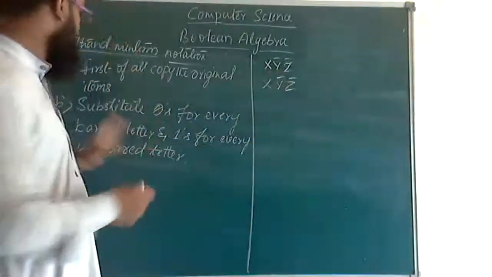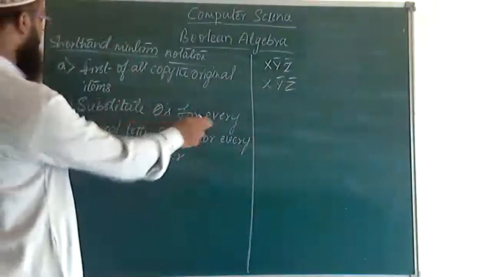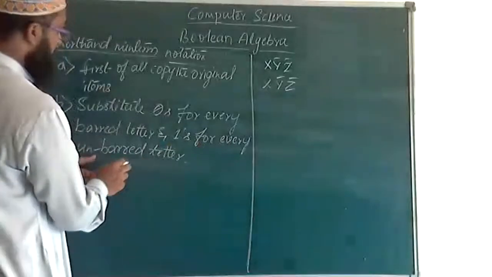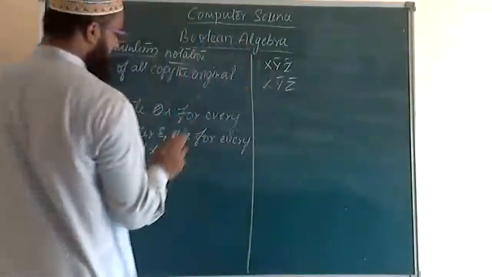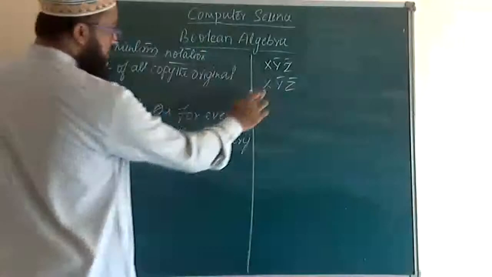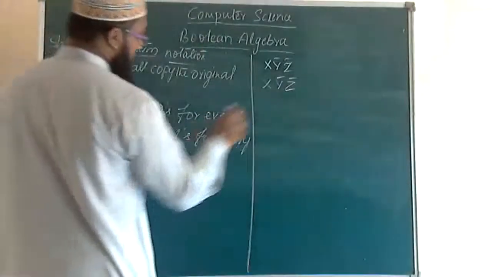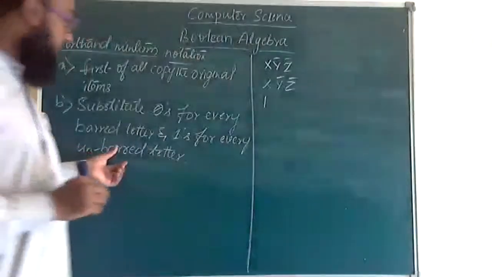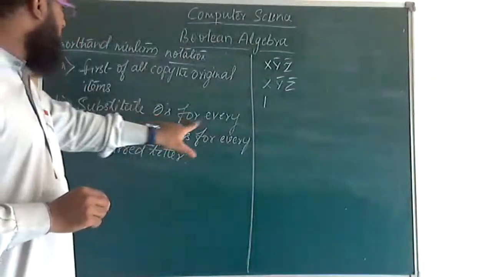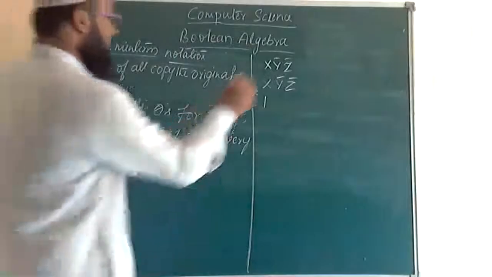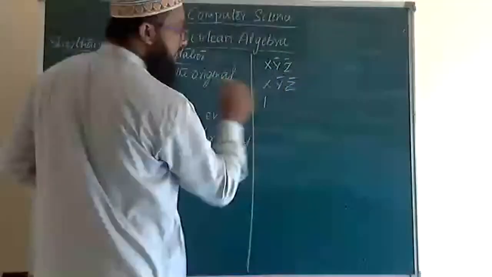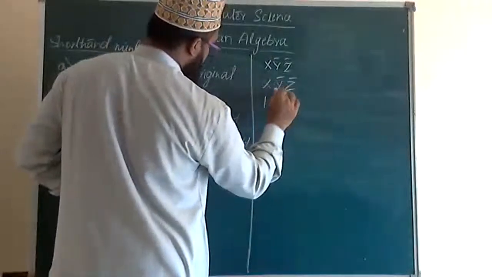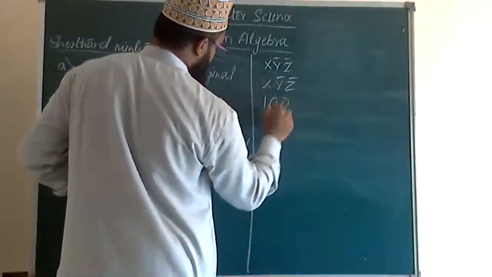This is the rule of a min term. Here X is a non-barred letter, there is no bar for X, so in place of X I will put 1. Then substitute 0 for every barred letter. Bars are there for both the other letters, so I will write 0 in place of Y, and in place of Z, I will write 0.